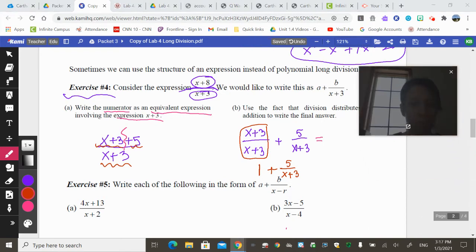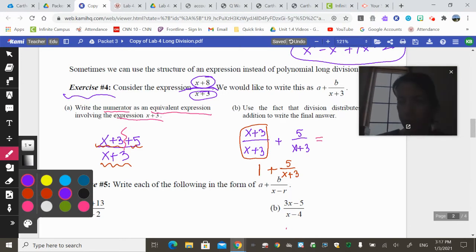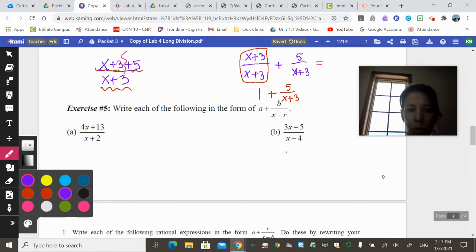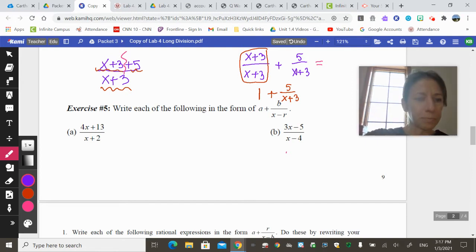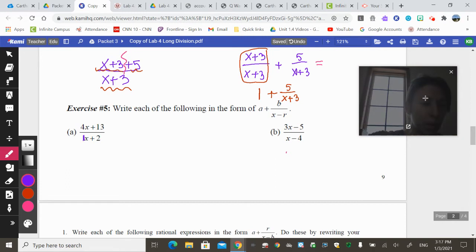All right, so we're going to try a couple more of these. For exercise 5, it's just more of the same. Since there's a 1x plus 2, and I need to go to a 4x plus 13, I know I need 4 x's.